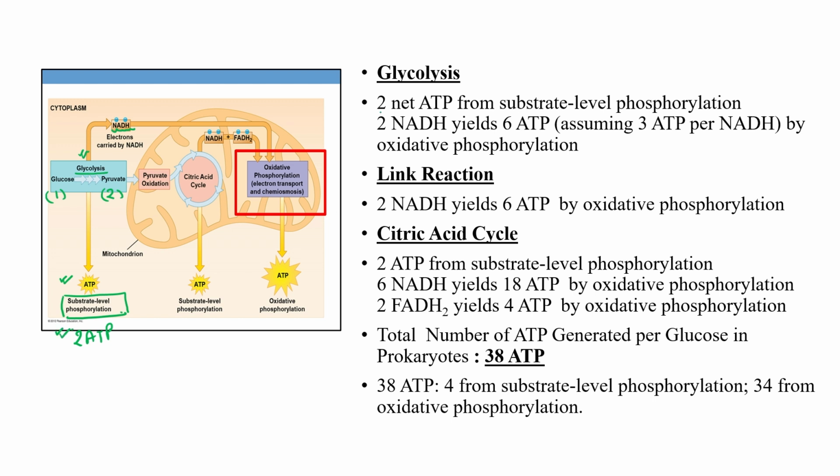So can I write down this? 2 net ATP from substrate level phosphorylation has been generated during glycolysis? Yes.